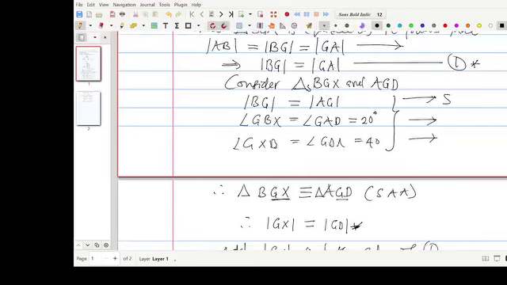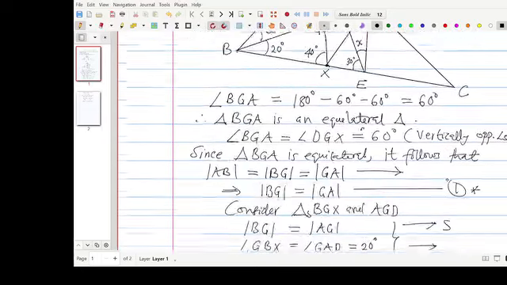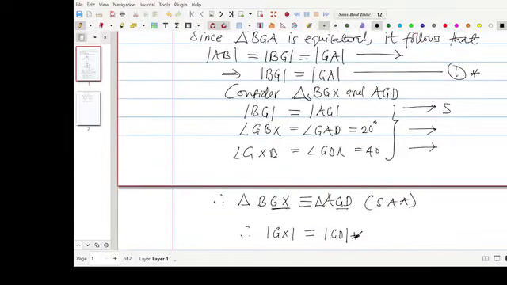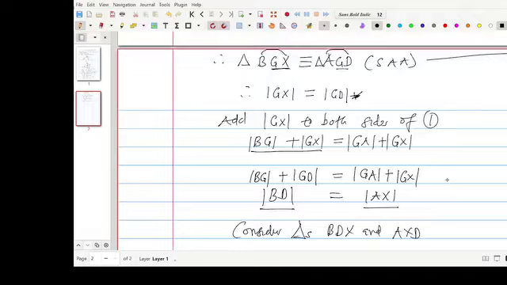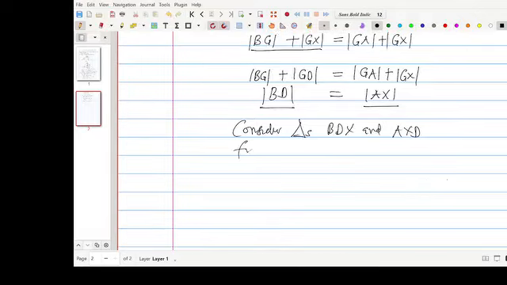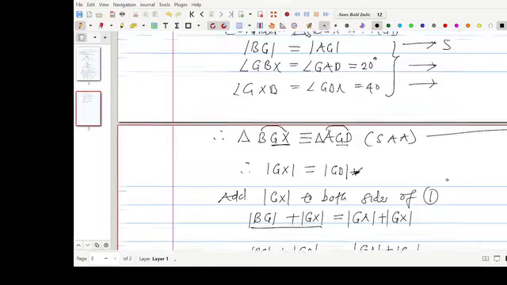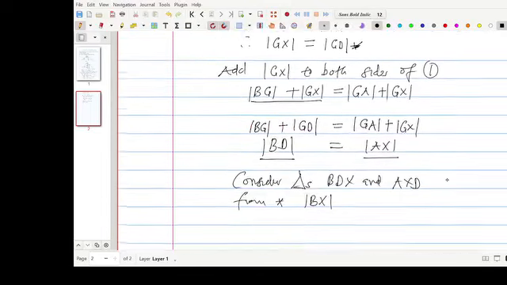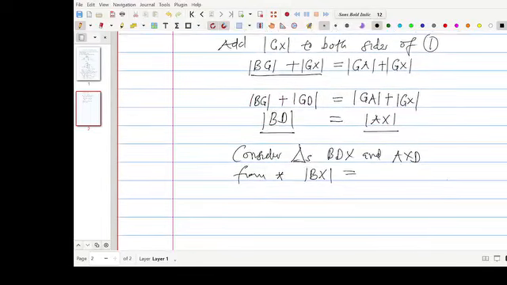So if BGX is congruent to AGD, it means that the side BX, which is what you are seeing here, should be equal to AD. So let me call this star. Then I can say from star, the length BX is equal to the length AD, all right?